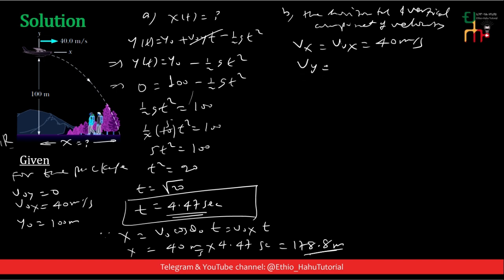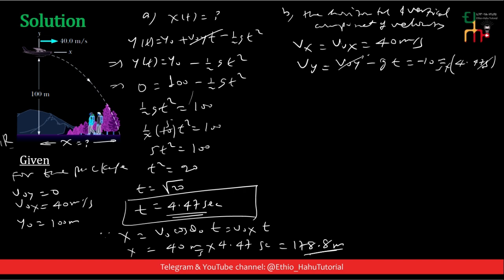Vy is equal to simply v naught y minus g t. V naught y is 0, this is equal to minus 10 meters per second square times time 4.47 seconds.